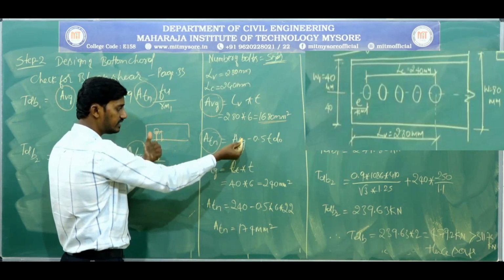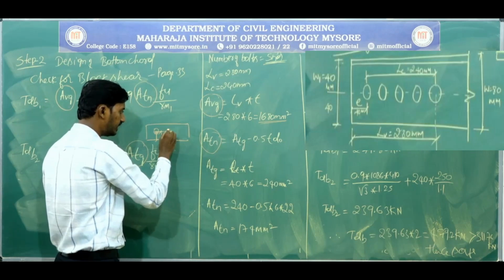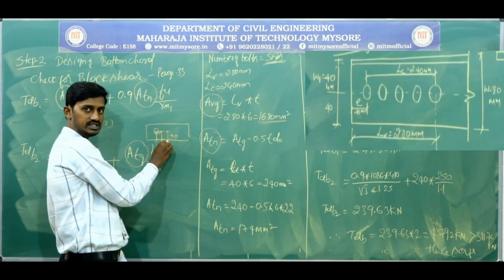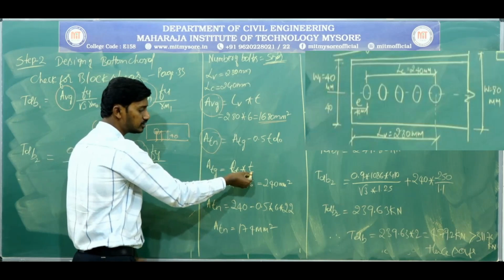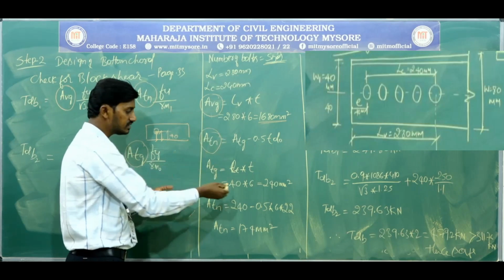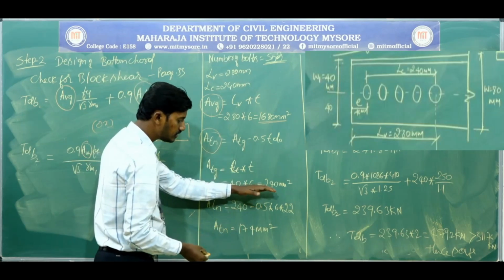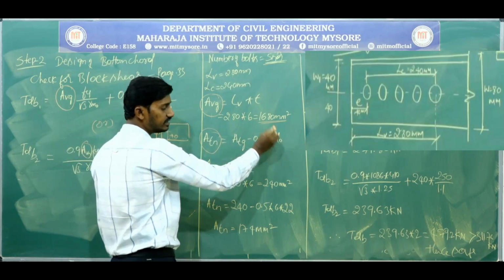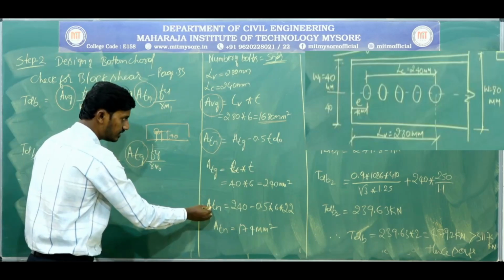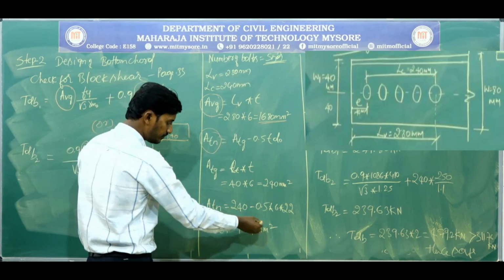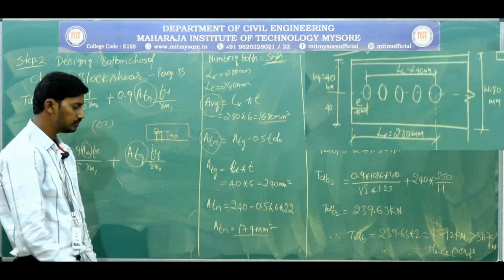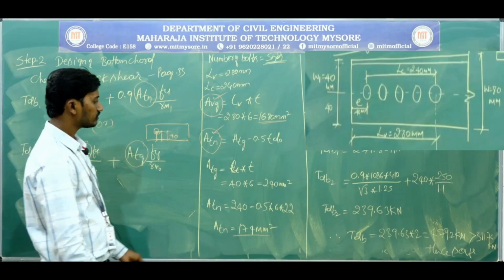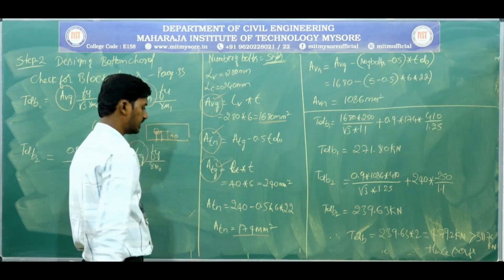ATG, the transverse direction gross area, is nothing but LT. This is 40, right? Out of 80 we have placed the bolt at 40 from the center to the edge distance. So 40 multiplied by the thickness of the plate will give us the transverse direction area, that is gross area. From this we deduct half of the hole, that is 0.5 t D0. So ATN, the transverse direction net area, will be 174 mm square. So AVG is over, ATN is over, and ATG is also over.